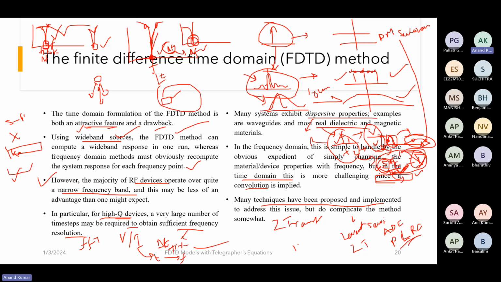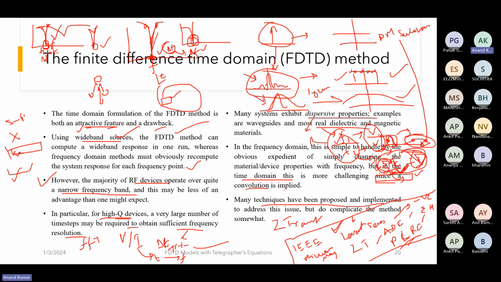But this is an IEEE Microwave Magazine paper which discusses these three different methods for handling such dispersive media, and it also particularly covers negative permittivity and permeability. A very good paper. You can go through this after you have finished this course, because before that you might find it tough to read.